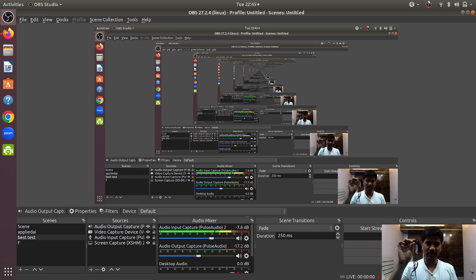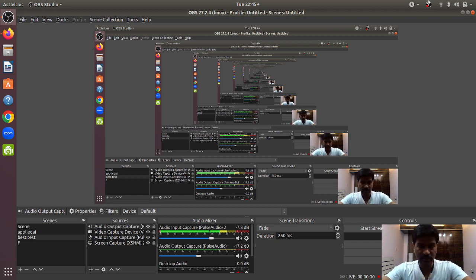See, this is my lavalier Boya mic we have connected through the headset port. This is obviously for recording my voice.